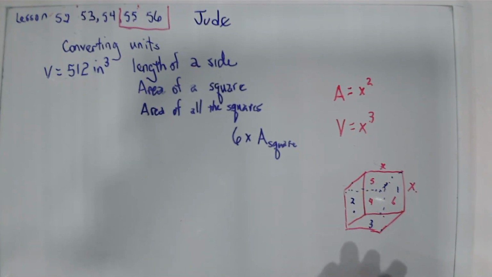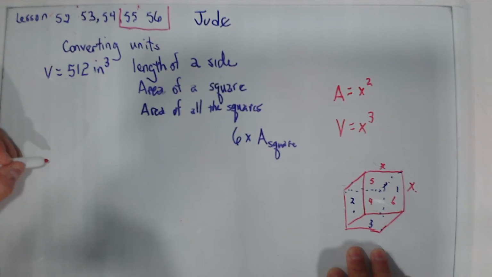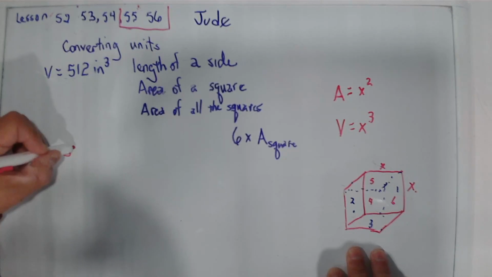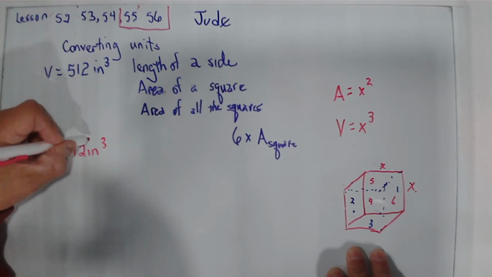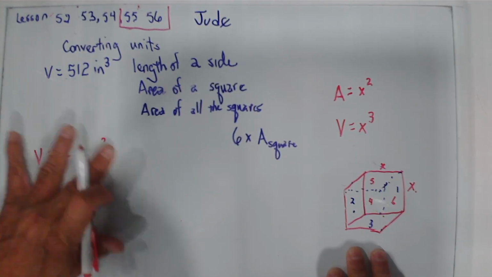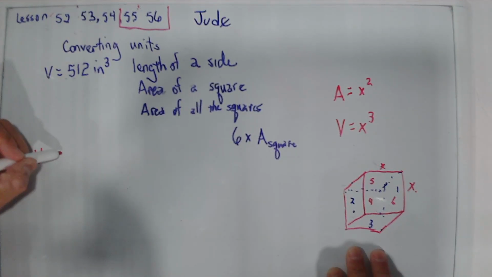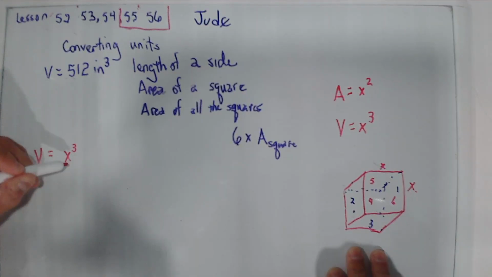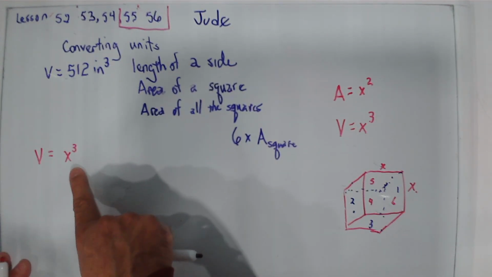But let's just look at what we have. Let's say our volume is equal to 512 inches cubed. And we want to find, well, let's do it this way. Volume is equal to x cubed. Now we want to find out what x is.